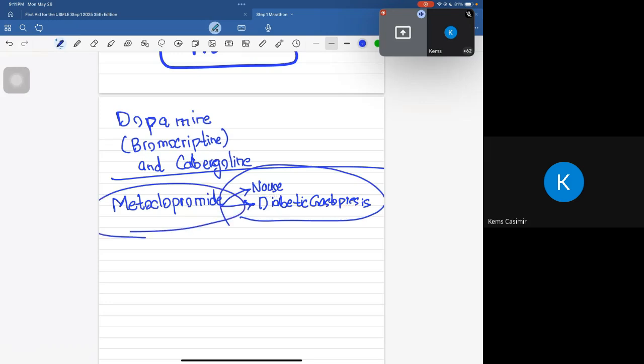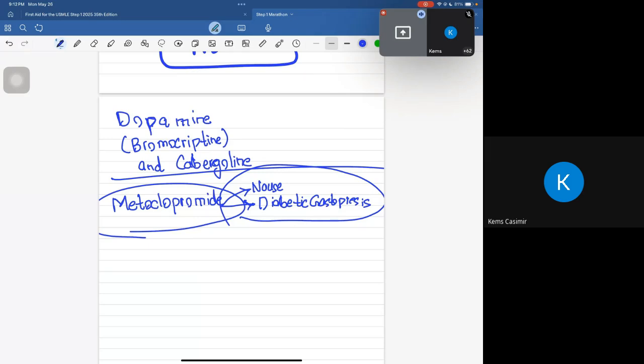So for example, if they give you a question that a 45-year-old or 43-year-old female comes to you and that patient is having difficulty digesting food, right? Because that is what will happen in diabetic gastroparesis, and she has a history of diabetes. Now you have given this patient a drug to relieve her symptoms, and the patient's symptoms are relieved.